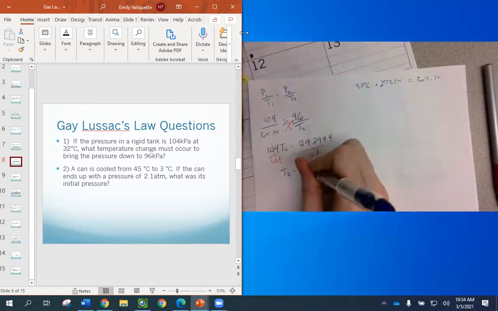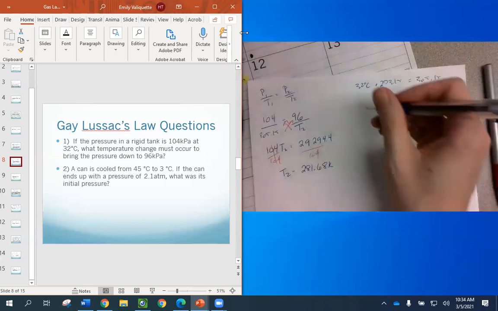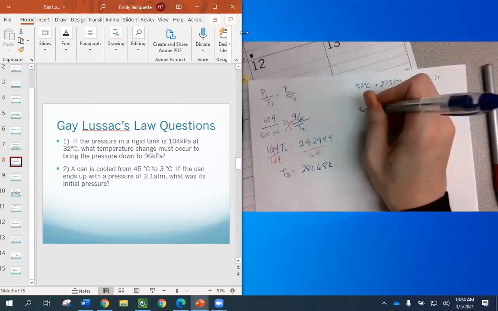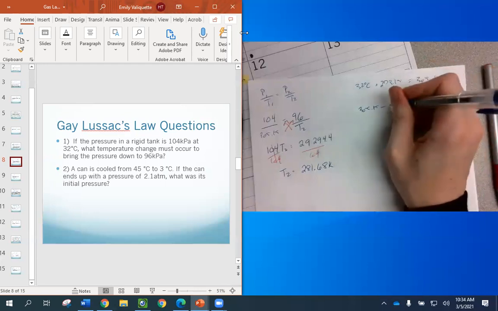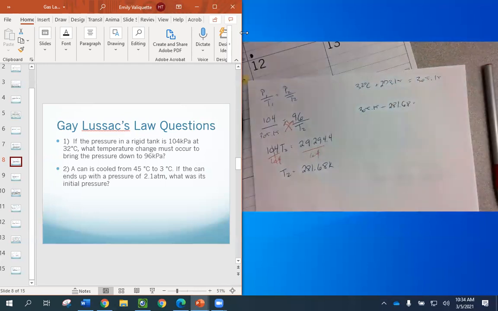So that's 281.68 Kelvin. Now, once again, it's not asking for my final temperature. It wants to know what the temperature change is. So I'm going to go off to the side again, and I am going to say, okay, I started at 305 Kelvin. Now I'm at 281.68. Let's see what the difference is there.